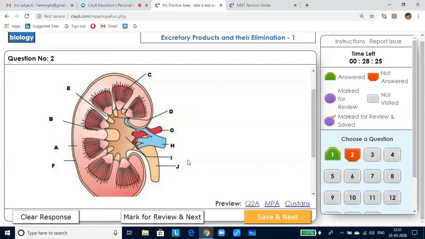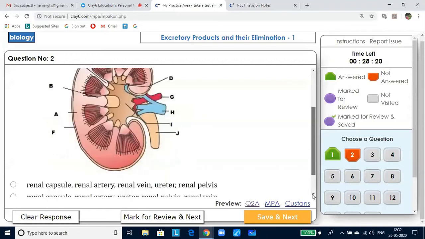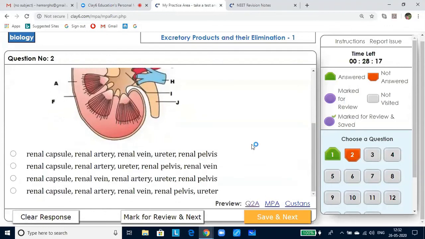Now let us look into the choice: renal capsule, renal artery, renal vein, renal pelvis, and ureter. So this is the choice.